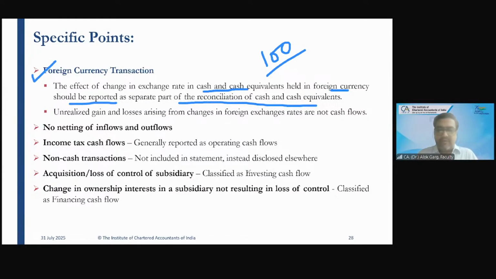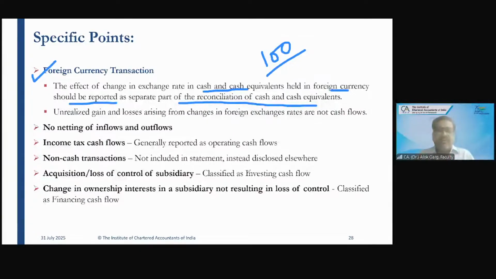In your balance sheet, the opening cash will be reflected as 8,000 and the closing cash as 8,500. Yes or no? Yes, sir. But is there any cash movement? No, sir. भाई $100 तो आपकी जेब में आपने $100 डाल के छोड़ दिया था, तो 100 रुपए का नोट तो 100 रुपए का नोट ही रहा, वो तो बढ़ा नहीं.